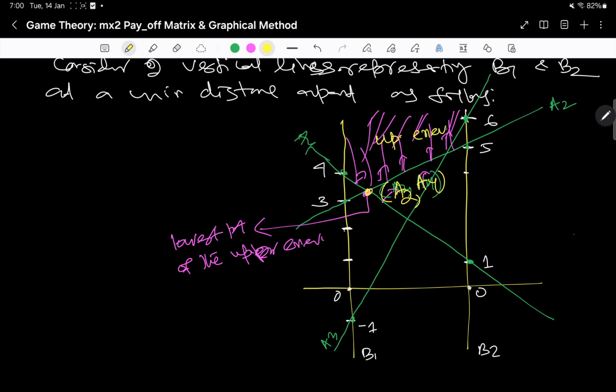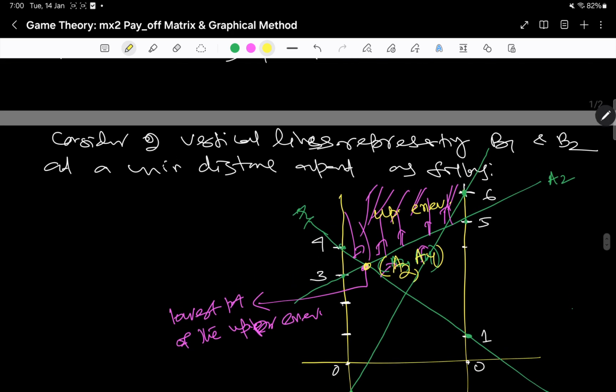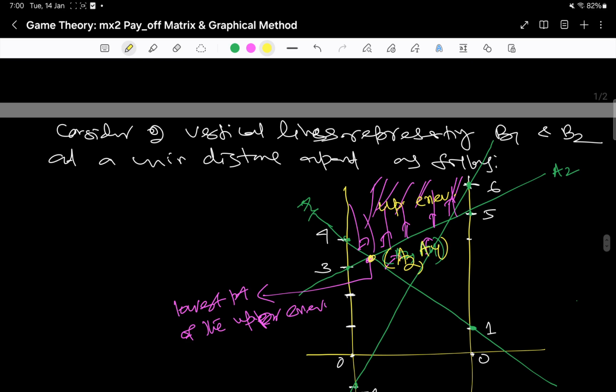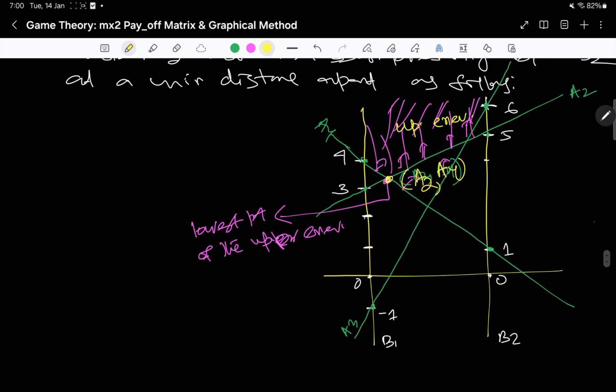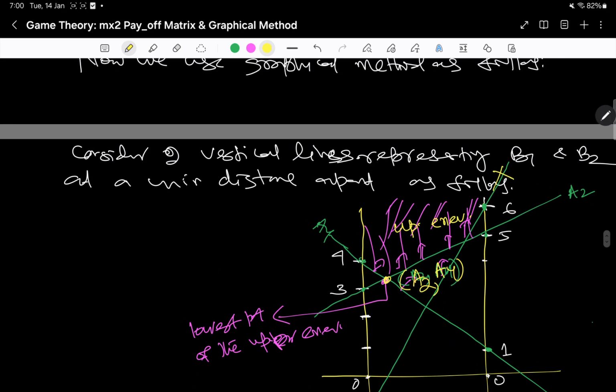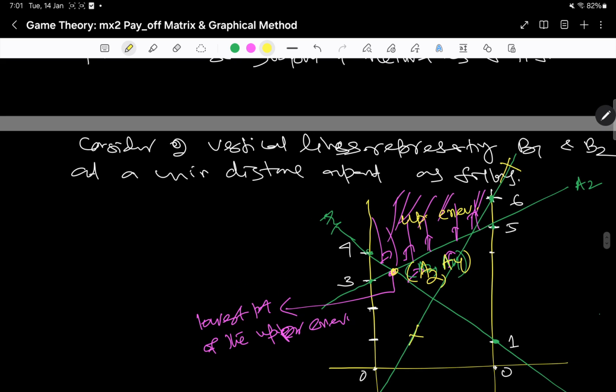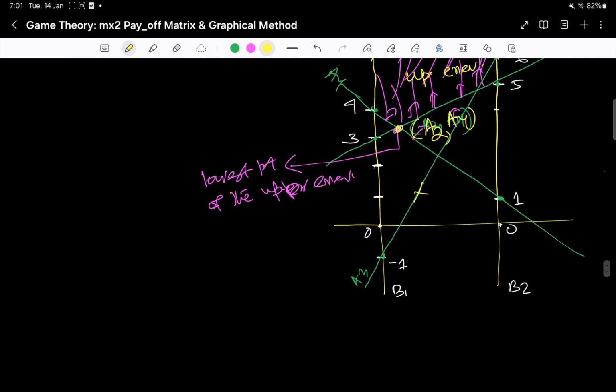Here A2, A3 will be there and here A1 will be. This is A2 and A4. Now this A3 will be dominated. So this line will be dominated, clearly from the graph.